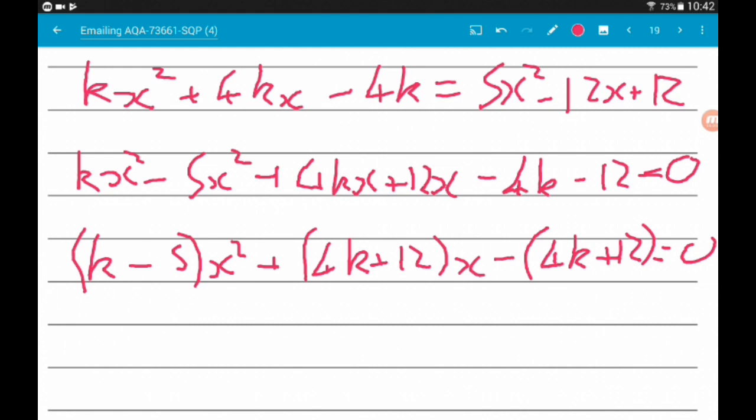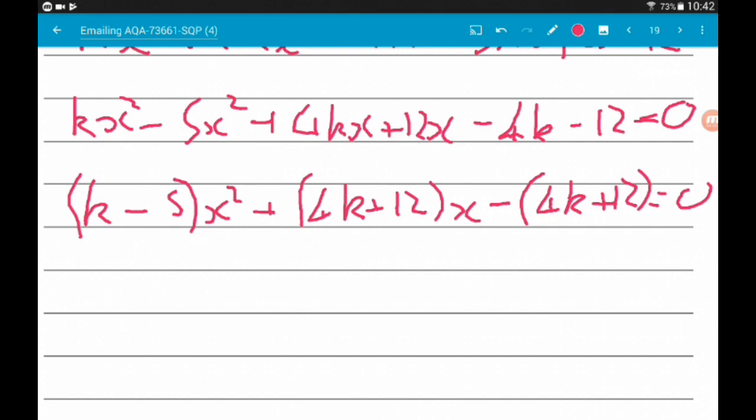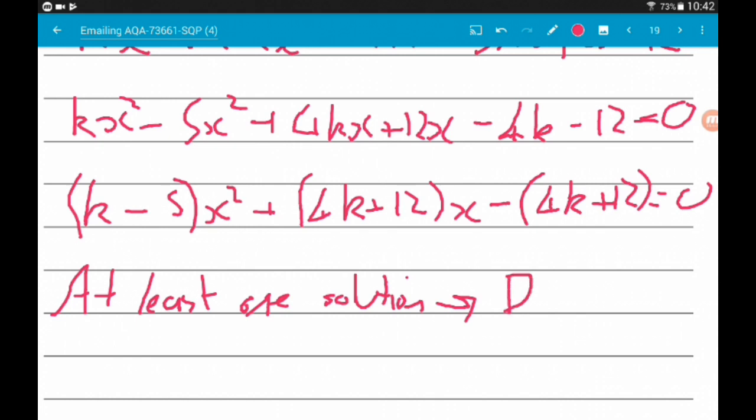Okay. So now we know then that because there is at least one solution, the discriminant is greater than or equal to 0.